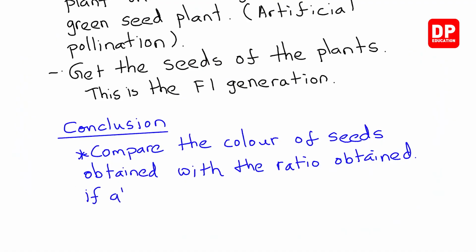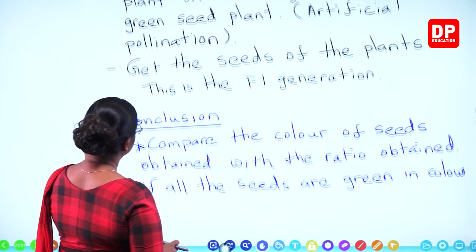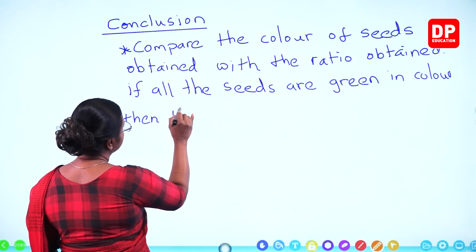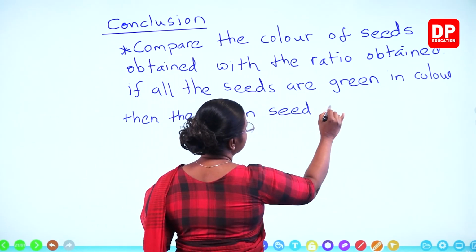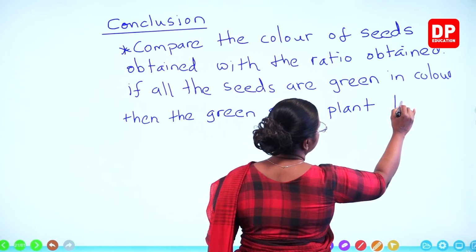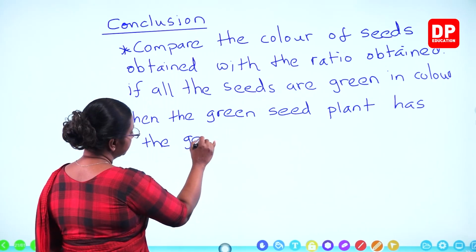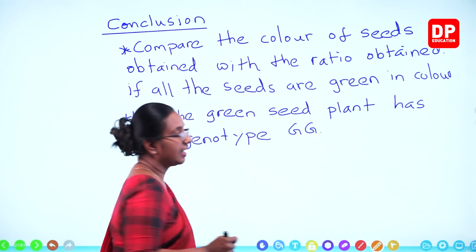If all the seeds are green in color, then the green seed plant has the genotype capital G, capital G.